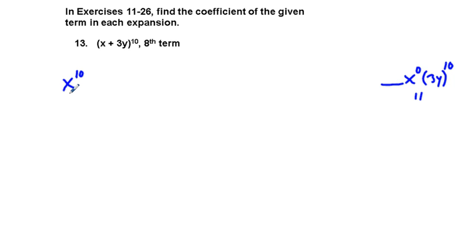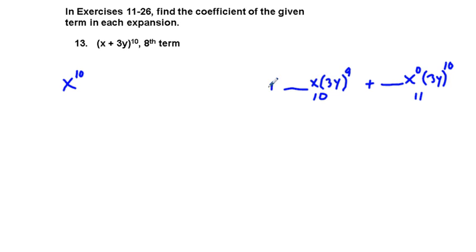Because we start with term 0, and our total number of terms is going to be one more than the value of the power of the expansion. And then our next term over from the right is going to be x to the first power and 3y to the 9th power and some coefficient out front. And that's going to be, again, term 10.